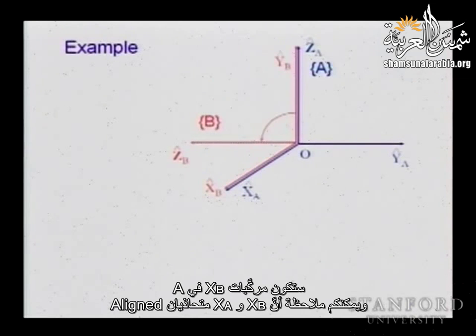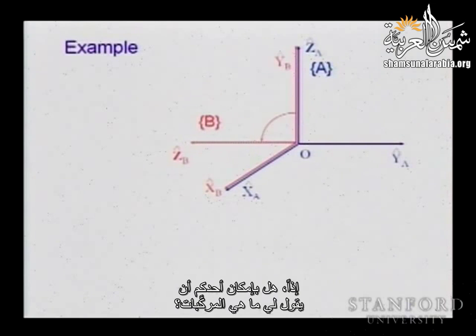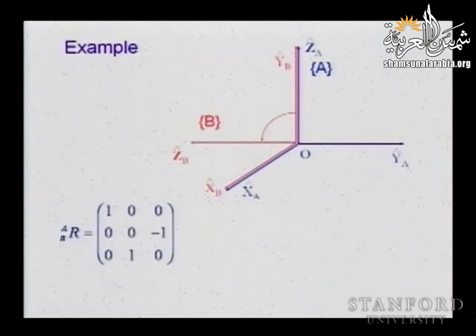So it is the component of XB on A. And XB on A, you see XB and XA are aligned. So anyone who could say what are the components? So 1, 0, 0. What about Y?